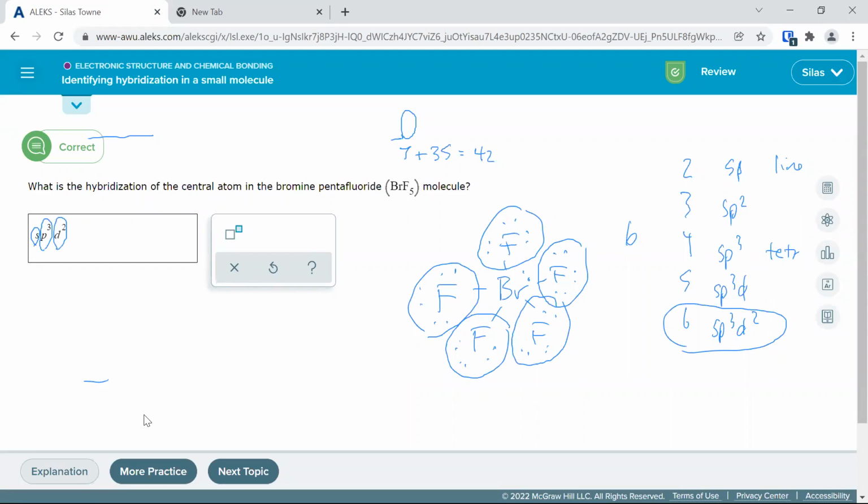So we look at s, we have the 3p, and then we have the 5d, and we're hybridizing all of those to be equivalent in energy. And then we have the rest of the d's up there.